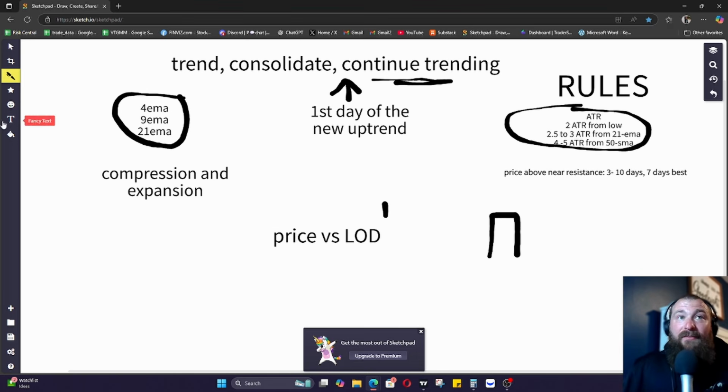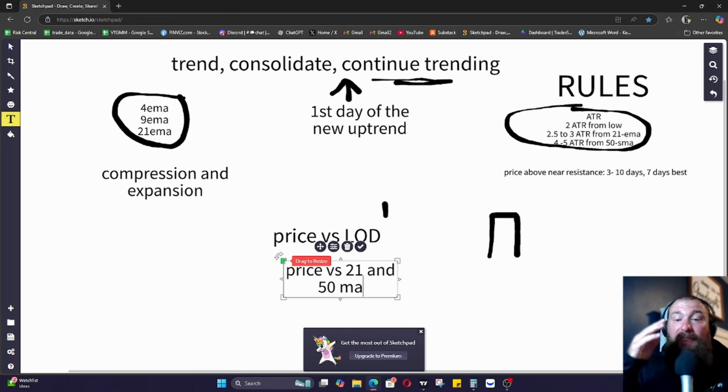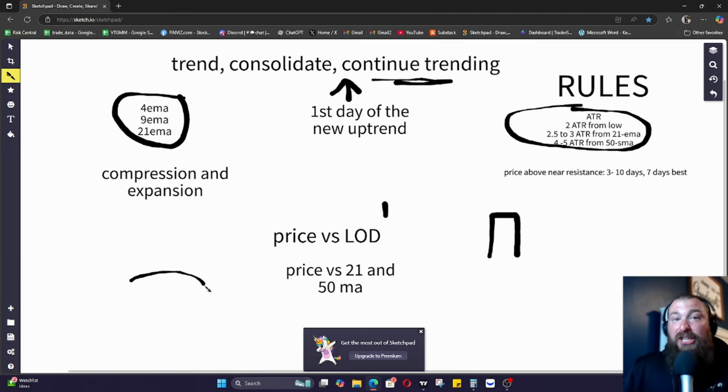However, if price versus the 21 and 50 moving averages, if those moving averages are nice and tight, then that consolidation is still tight, which means that you can get a low risk entry on that. Extended from the low, but tight versus the 21 and 50 day moving average is still a low risk entry.